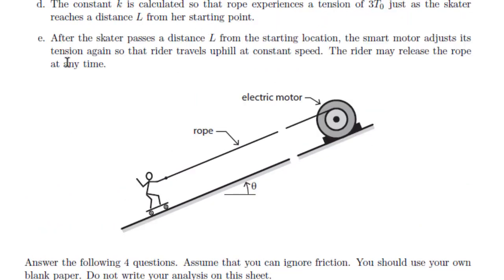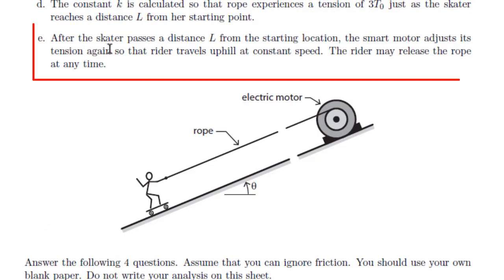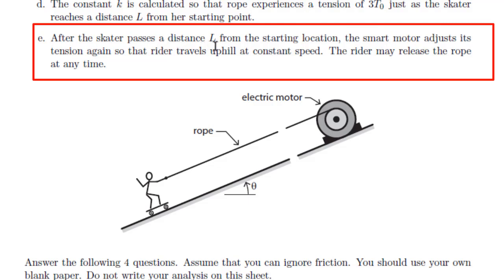It says right here in item E, after the skater passes the distance L from the starting location, the smart motor adjusts its tension again so that the rider travels uphill at a constant speed. That's telling you exactly what's happening, right? So after the rider passes the distance L, the tension is no longer 3 times initial tension. It's the tension that results in the rider traveling at a constant speed.